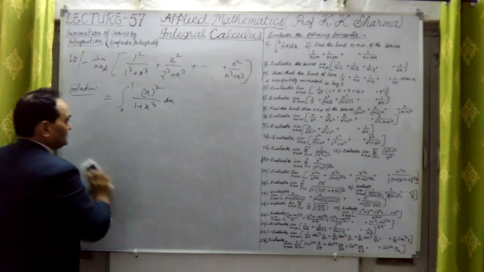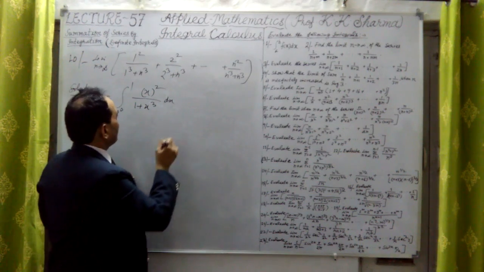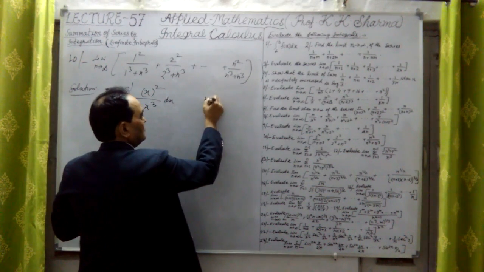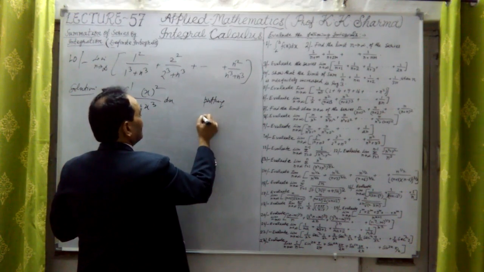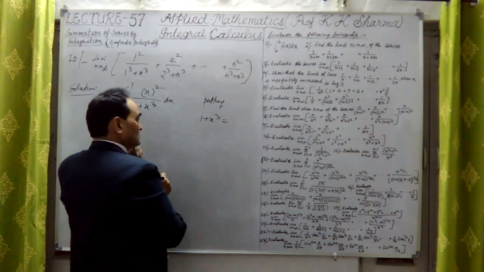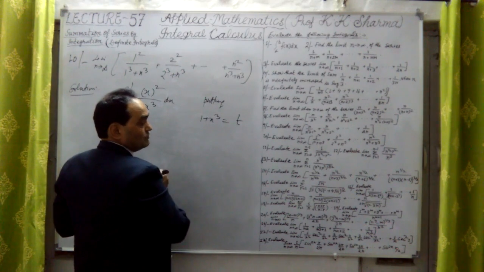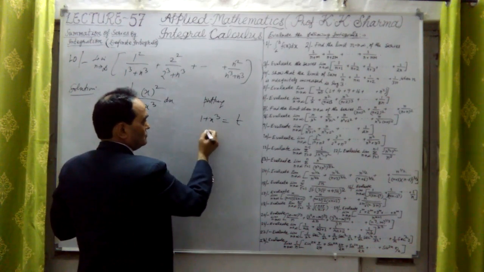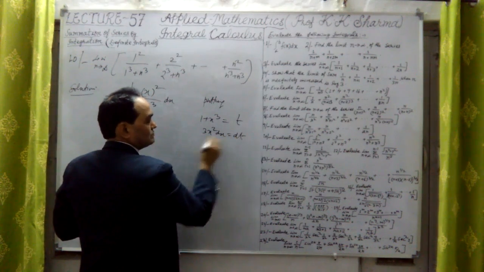Now putting 1 plus x cube equal to t, therefore 3x square dx equal to dt.